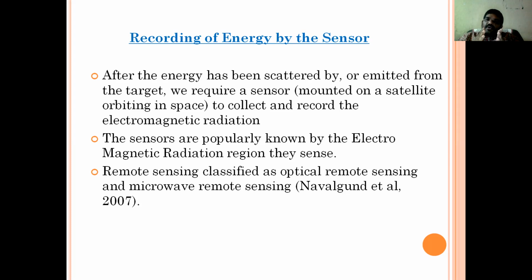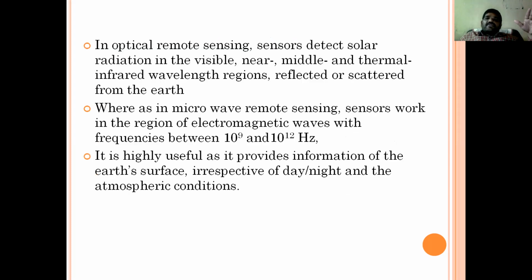If the energy is stored in so and so wavelengths, we can call it microwave remote sensing. What is so and so here? Simply see in optical remote sensing sensors. That means the optical remote sensing sensors detect the reflected energy along with the existing solar energy also.